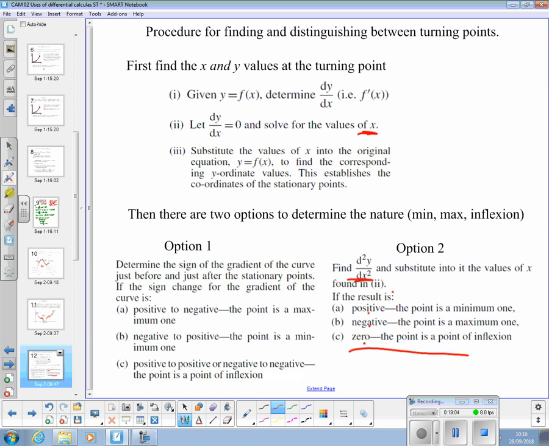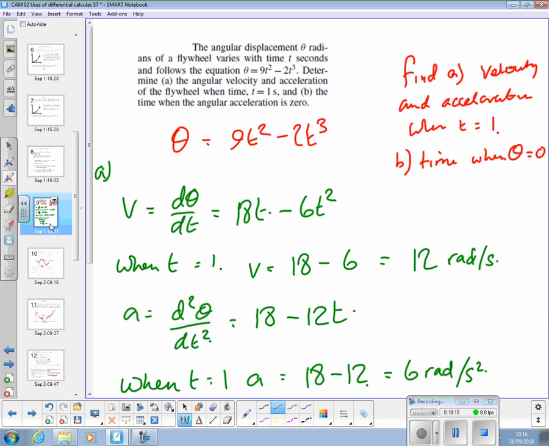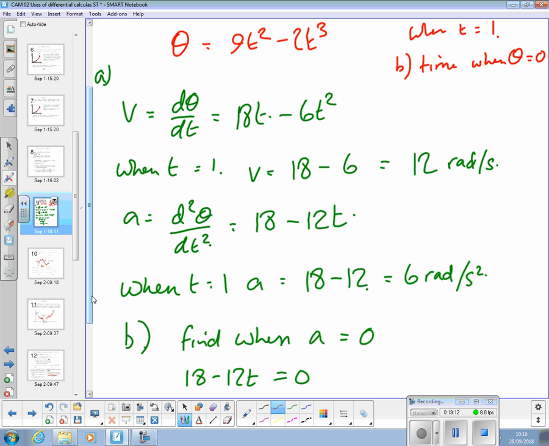In that previous problem we looked at, the one on angular velocity and acceleration and so on, finding the second differential was relatively easy.